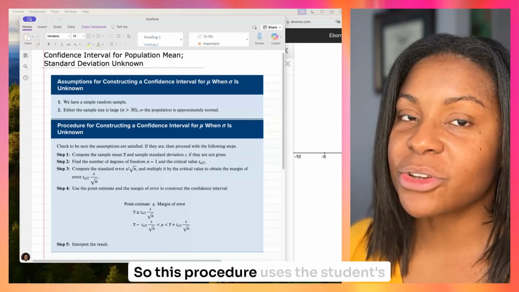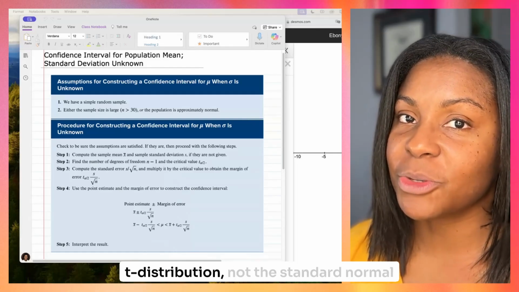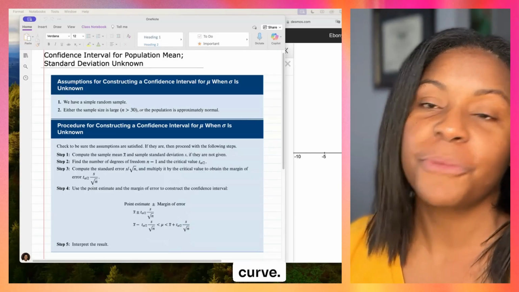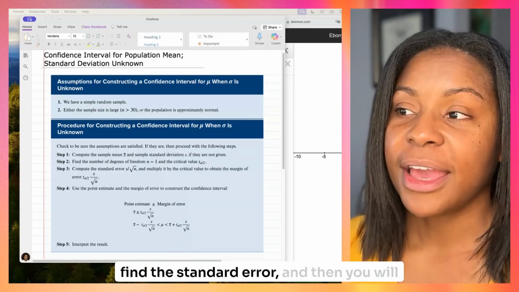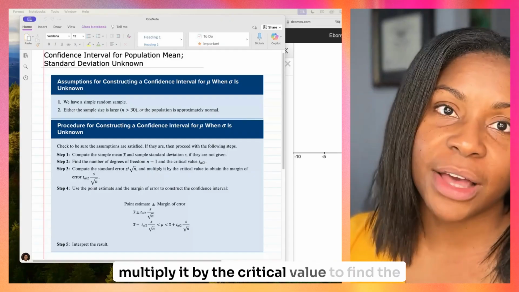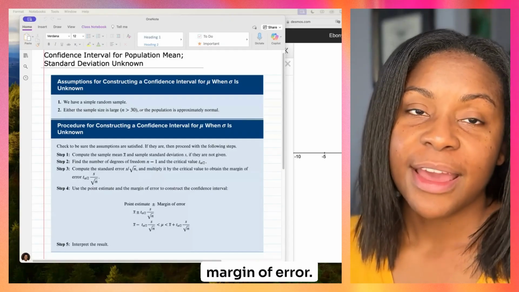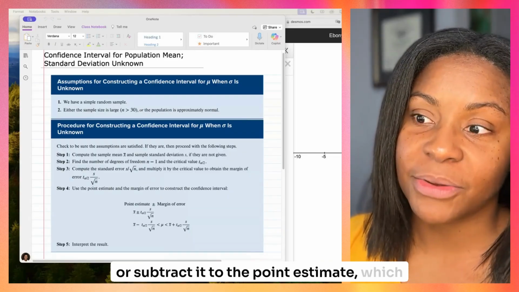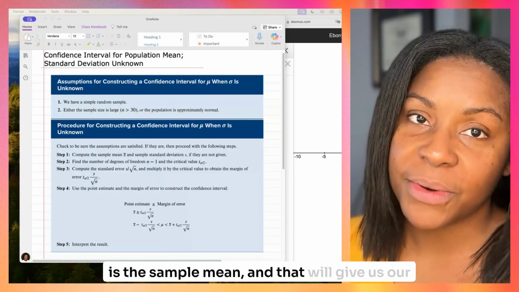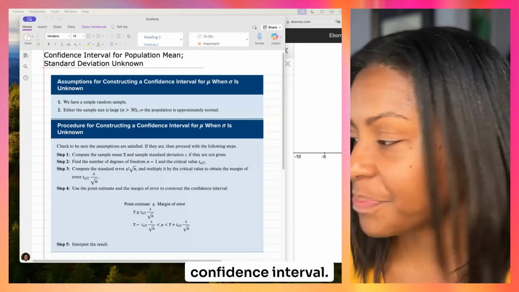So this procedure uses the student's t distribution, not the standard normal curve. Once you find the critical values, you'll find the standard error, and then you'll multiply it by the critical value to find the margin of error. Then given the margin of error, we will add or subtract it to the point estimate, which is the sample mean, and that will give us our confidence interval.